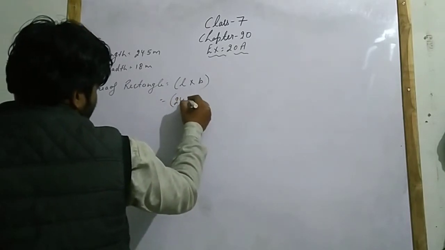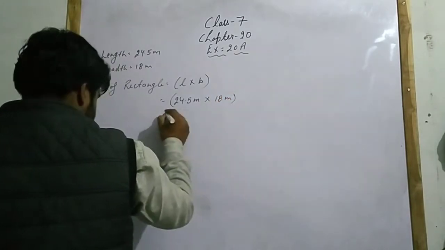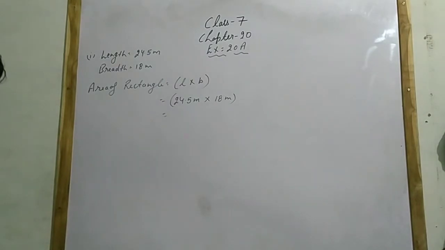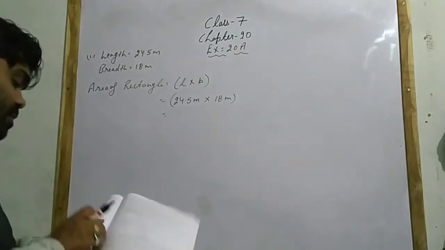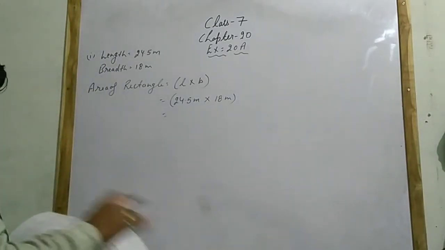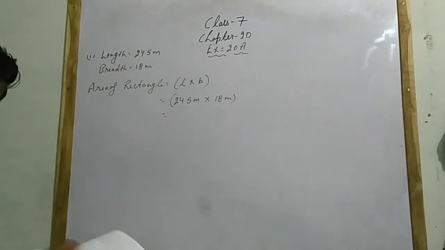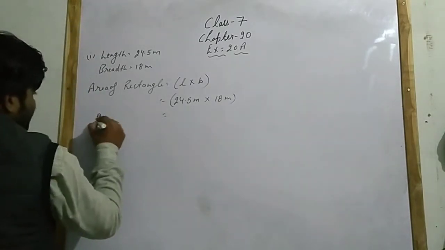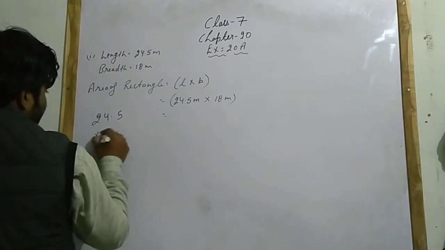So 24.5 meter multiplied by 18 meter. When you multiply this, here multiplication 24.5 multiplied by 18.